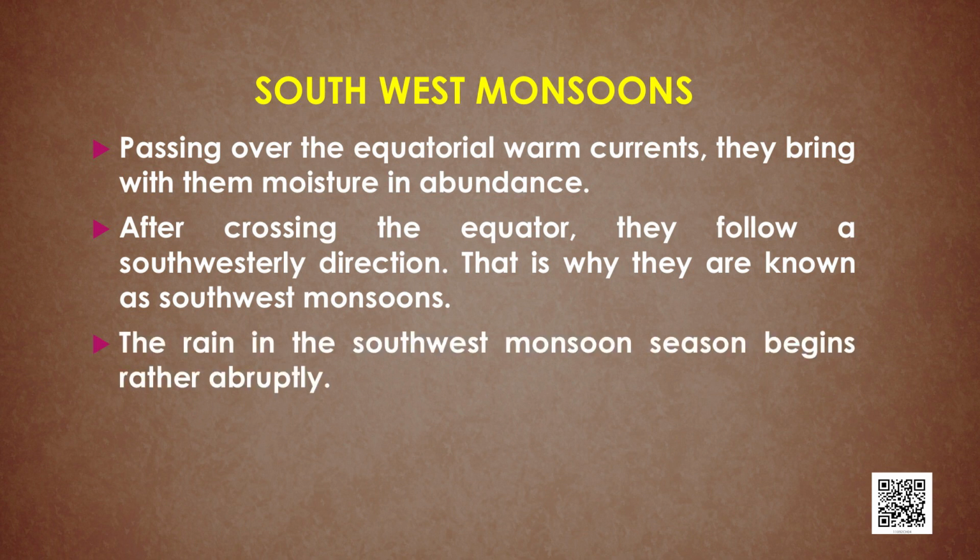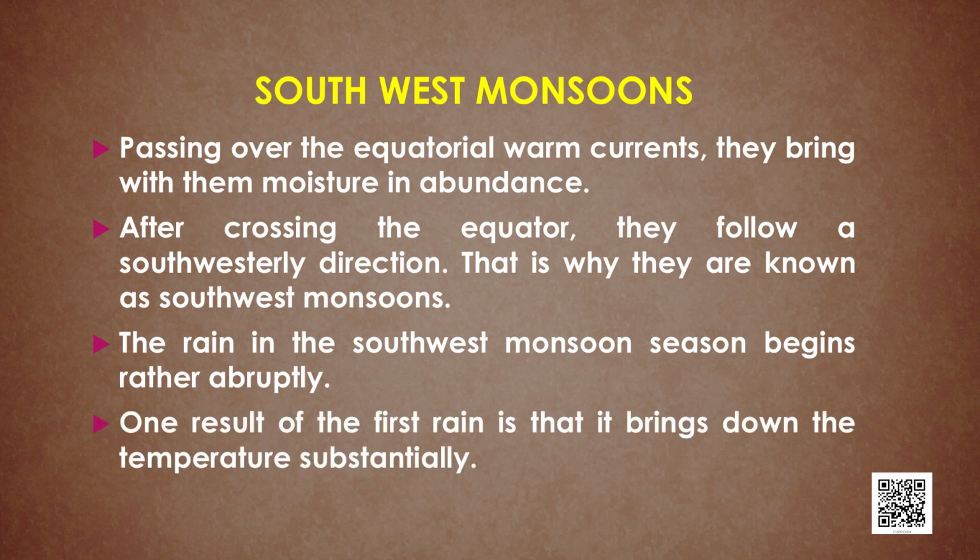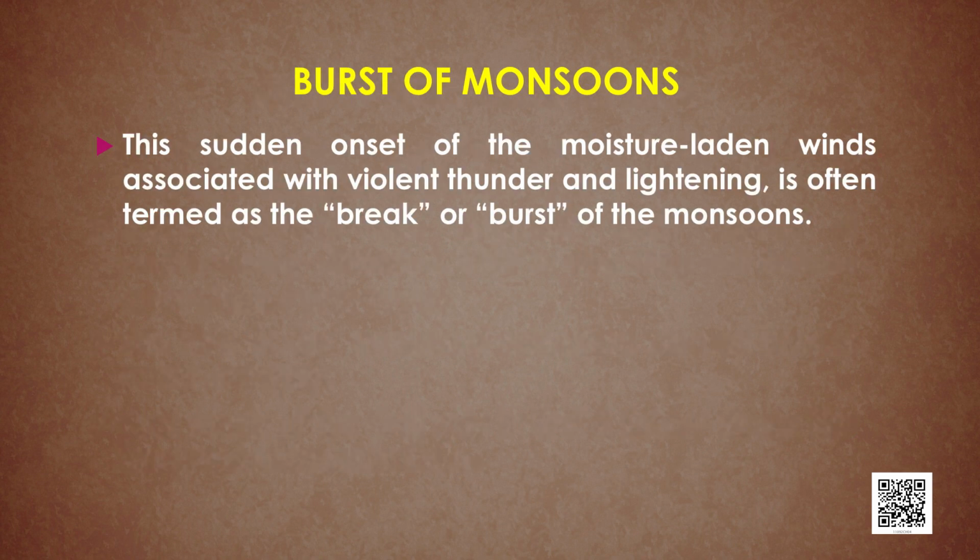The southwest monsoon season begins rather abruptly. One result of the first rain is that it brings the temperature suddenly down. So, the sudden onset of moisture-laden winds with heavy rainfall, violent thunderstorms and lightning is also known as the burst of monsoons or break of monsoons.